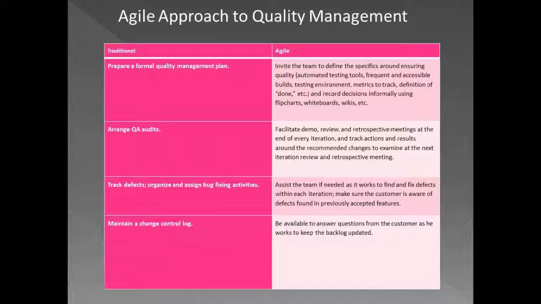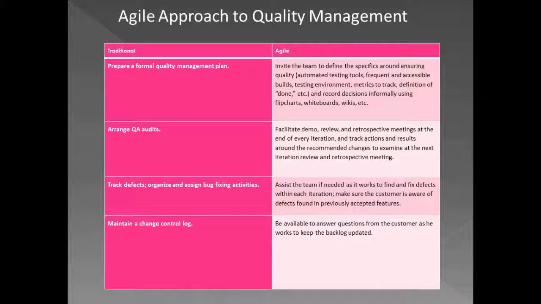So in the case of a traditional approach, we formally create what is called a quality management plan, and there is quite an extensive amount of planning done. And if we talk about the Agile approach, we still ask the customer and the team to determine what are the appropriate quality practices and standards.